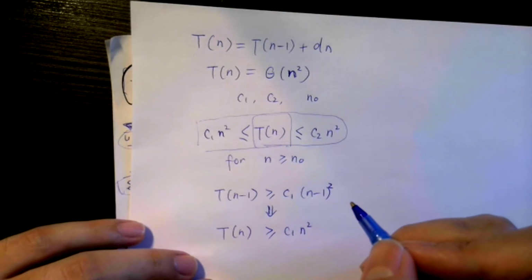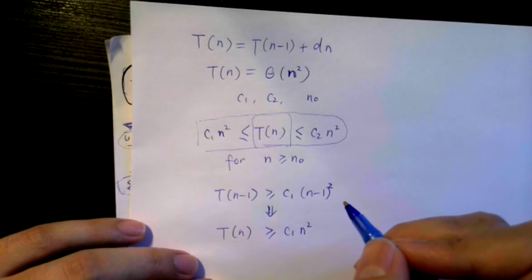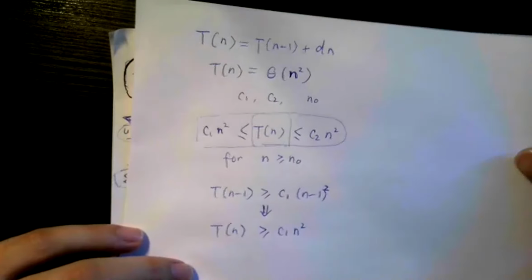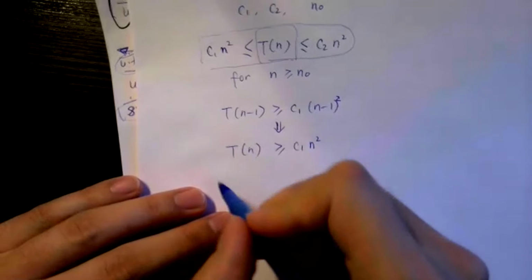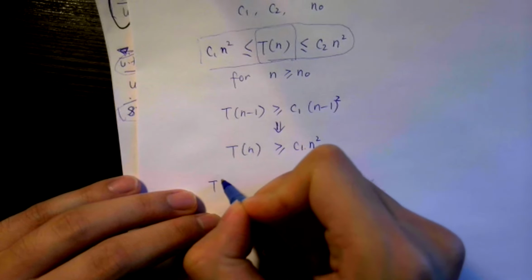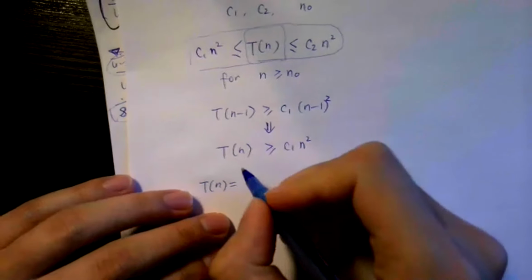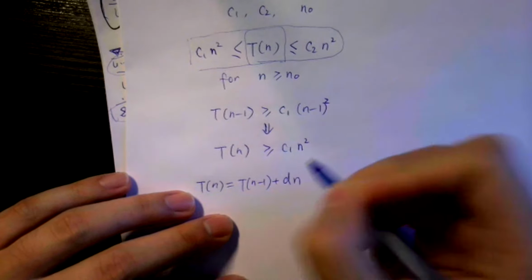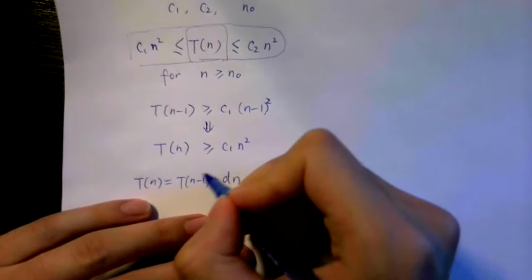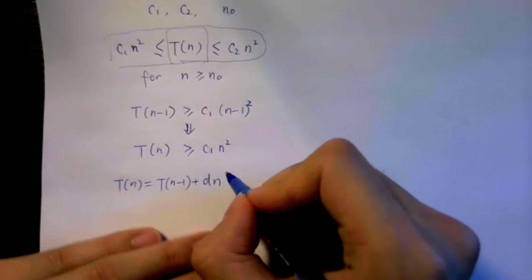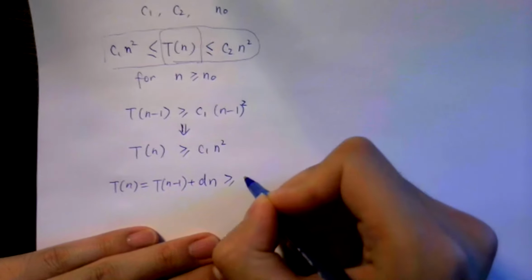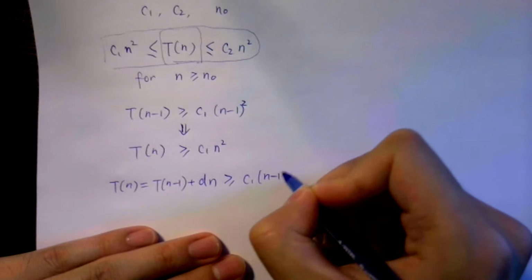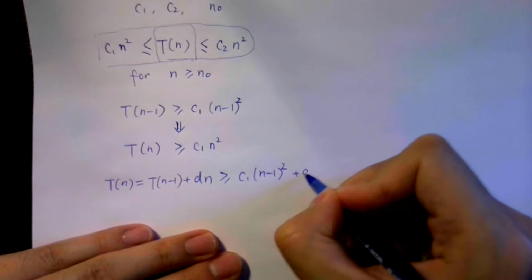So we substitute this inequality into the recurrence. T of n equals T of n minus 1 plus D times n, which should be greater than C1 times (n minus 1) squared plus Dn.